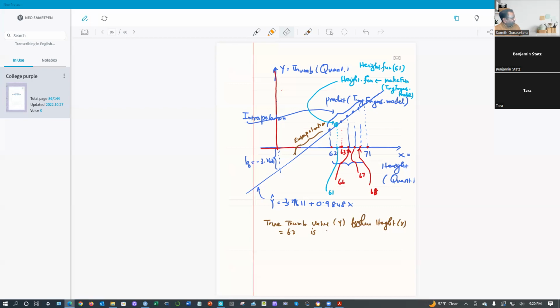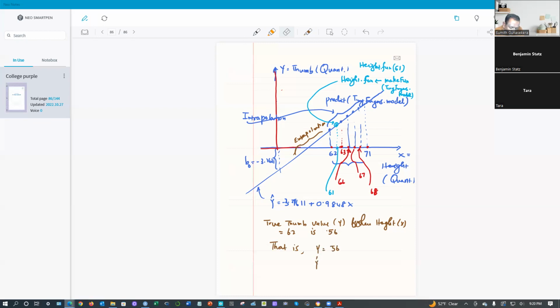The important thing they don't put very clear: the data is the key part. Thumb length is 56. That is y equals 56. Okay. Y equals 56.